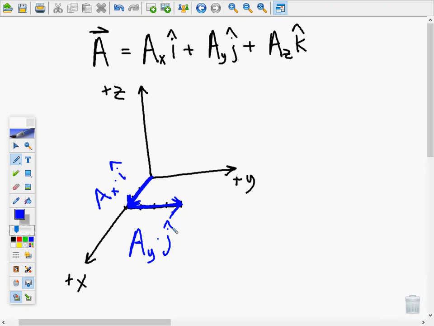But that only gives the two components. So now I've got to find a sub z. So if I rise up, and let's say it's 5 units, 1, 2, 3, 4, 5. And I draw an arrow in that direction. A sub z times unit vector k.